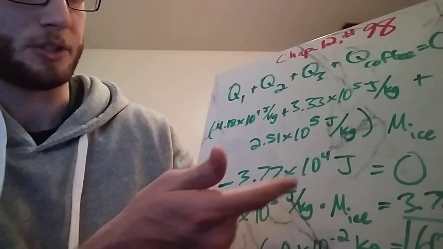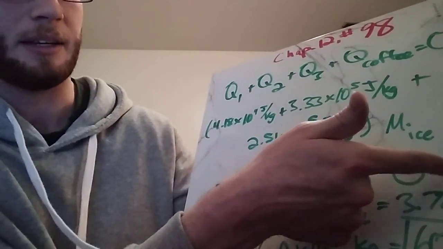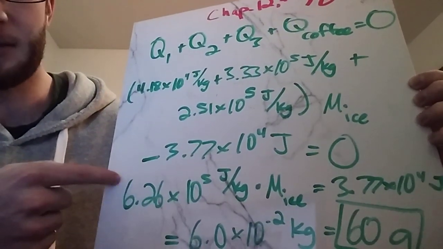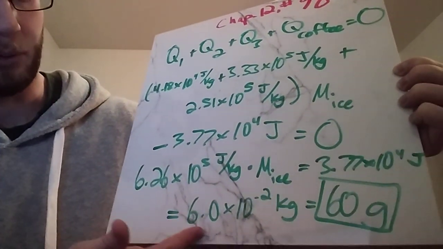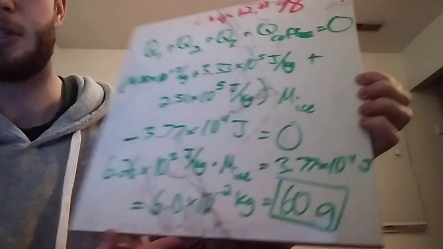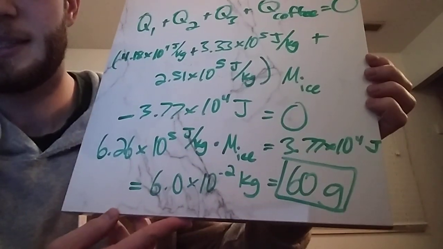And then if we algebraically solve now for M ice by dividing this Q value by this Q value, we're going to be left with 6.0 times 10 to the negative 2nd kilograms, or if we go ahead and convert to grams, the ice cube will weigh 60 grams.